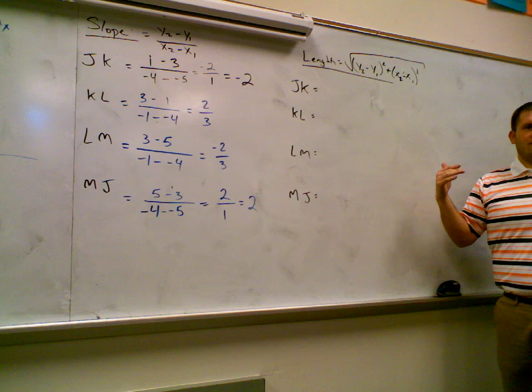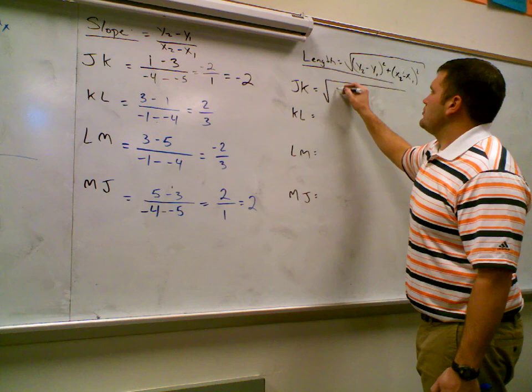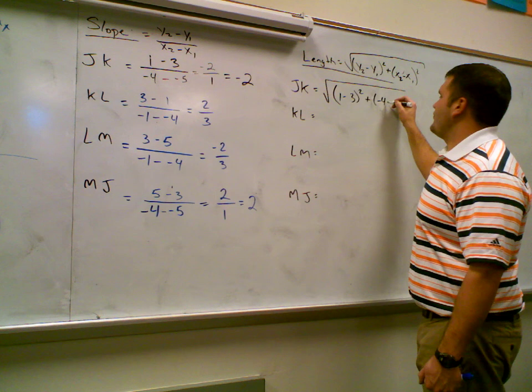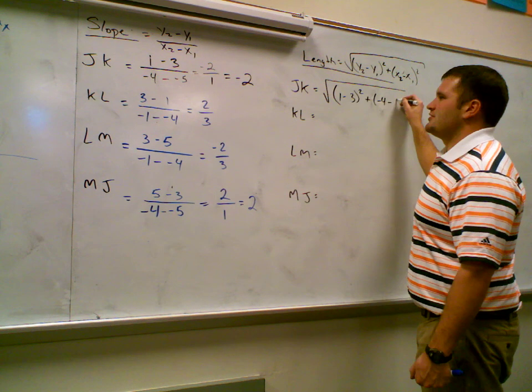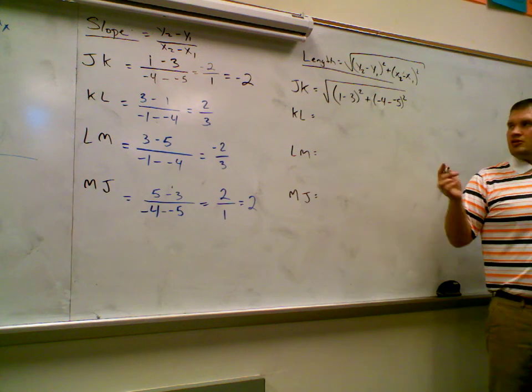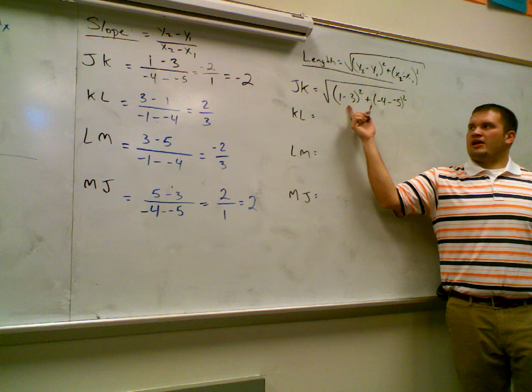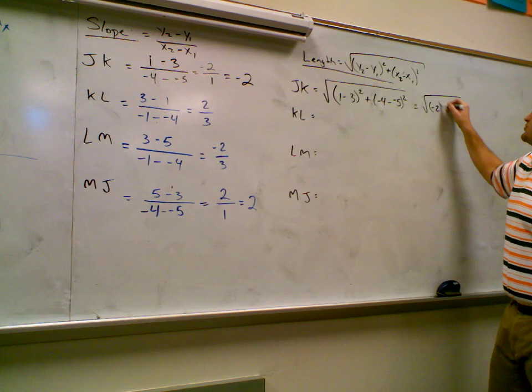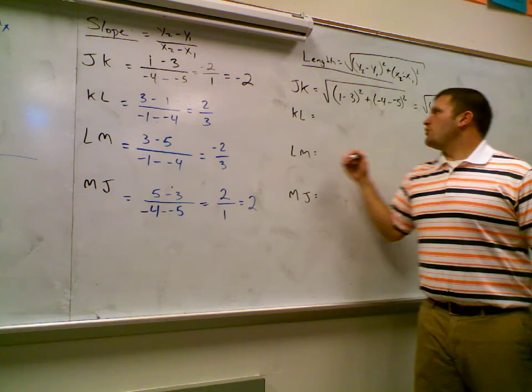So for this first one, JK, we have 1 minus 3 squared plus negative 4 minus negative 5 squared. We know 1 minus 3 is negative 2, so negative 2 squared plus 1 squared.